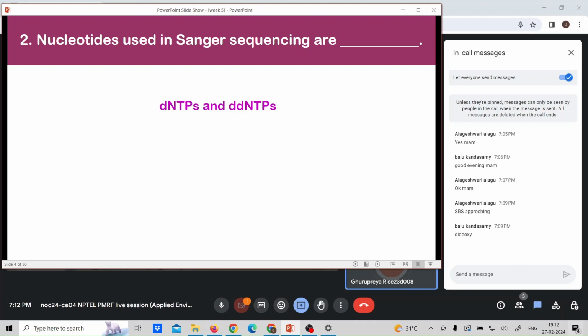So we use both deoxyribonucleotides and dideoxyribonucleotides. Can someone say what's the difference between deoxyribonucleotides and dideoxyribonucleotides? Basically, dNTPs and ddNTPs. You can just mention which position, what's the change.